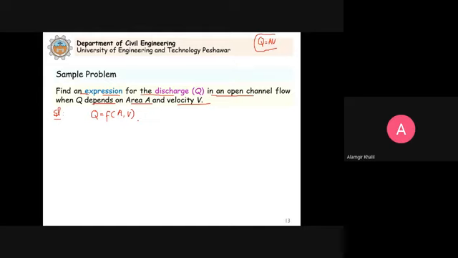As I said before, these topics, dimensional analysis and similitude, are conceptual topics. Why do I say this? Because if you want to establish an expression for a discharge in open channel flow and you miss an important variable, for example velocity, do you expect you will get the equation in the end? Or if you bring in another variable that is not important and you do the analysis, what advantage will you get?